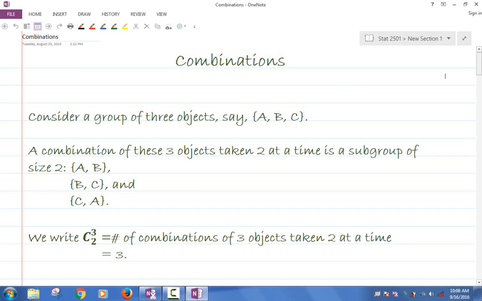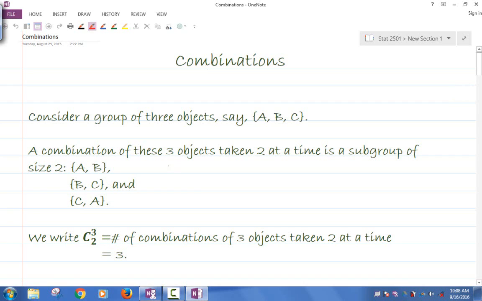Is my question clear to you? I don't want to list out the subgroups of size 2. Instead of that, I just want to count the number of subgroups of size 2. How can I count that? So let's try to do that.